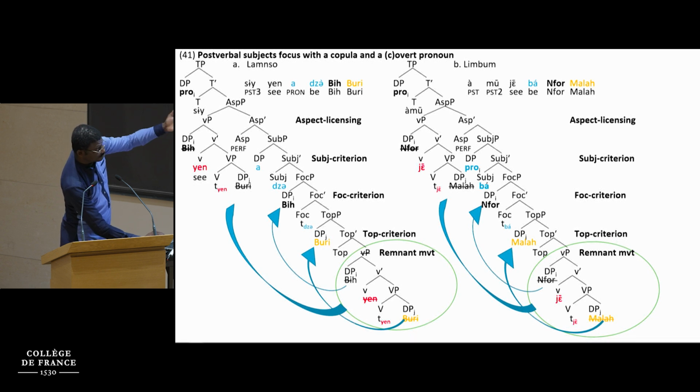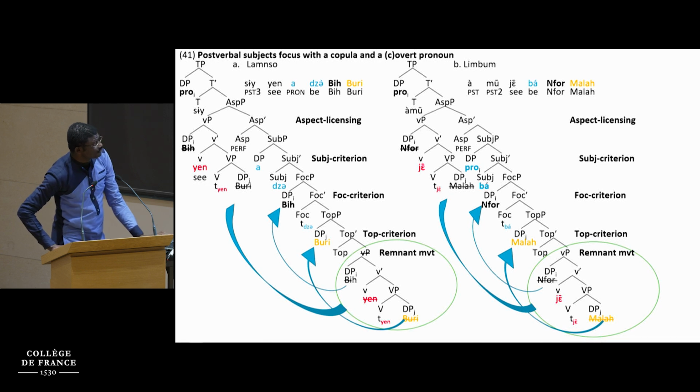On the left of the focus marker, you have the focus criterion, but because Subj has a strong feature, it attracts it, and then you can have the EPP feature satisfied in the local spec subject and the head of subject.